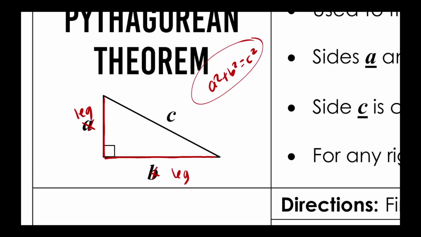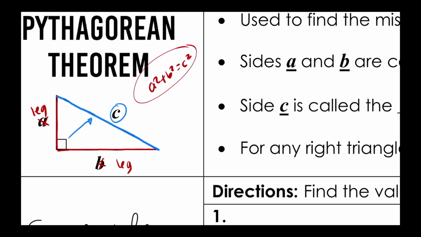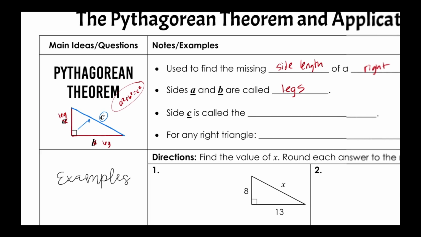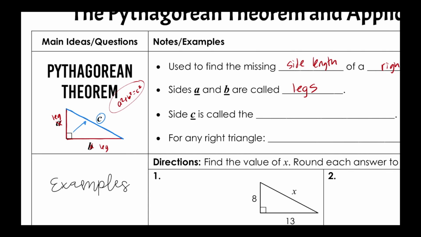And then the longest side of a right triangle, the side that's opposite the right angle, what do we call this? We call it c, I know, but what's the official name of it? That long side of a right triangle. Anyone know? Hypotenuse. It's called the hypotenuse. That's the longest side.